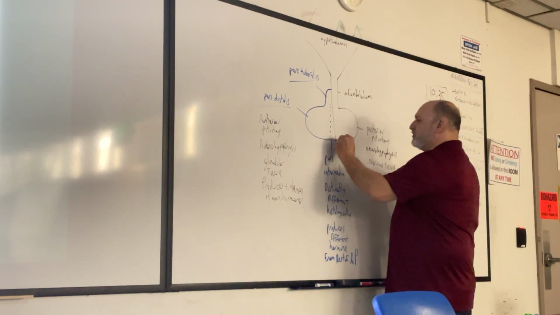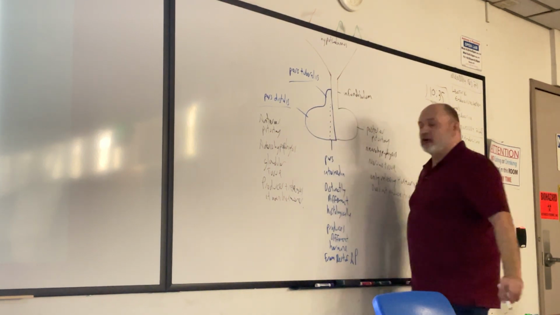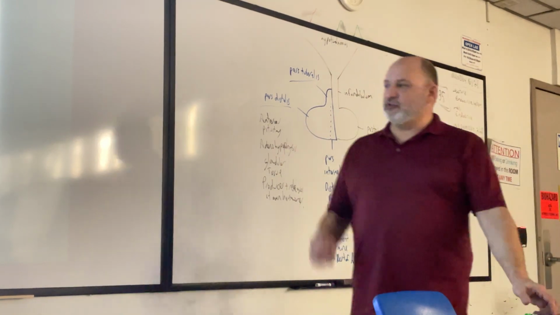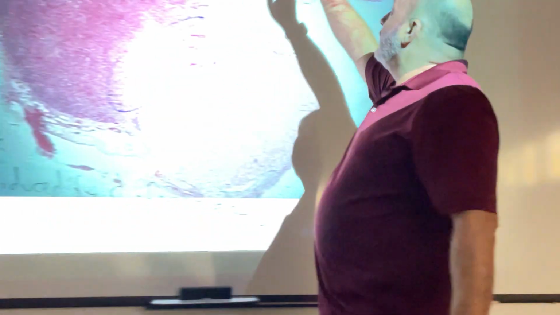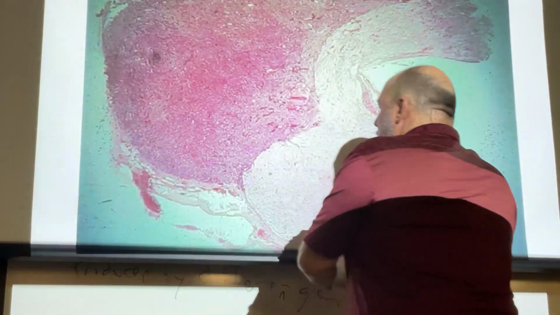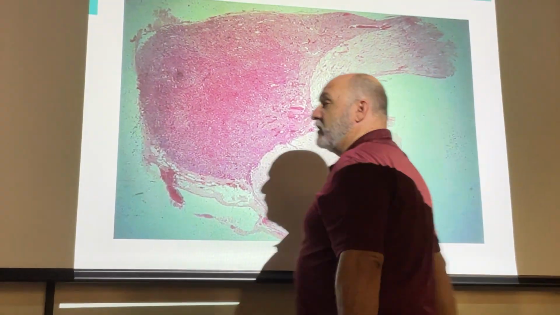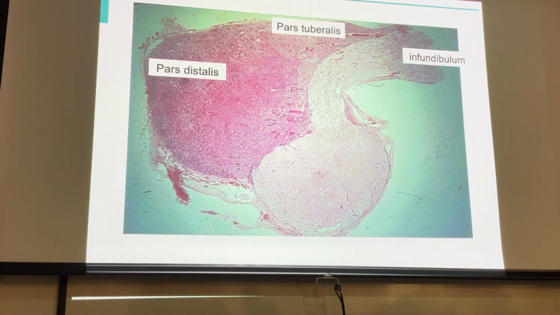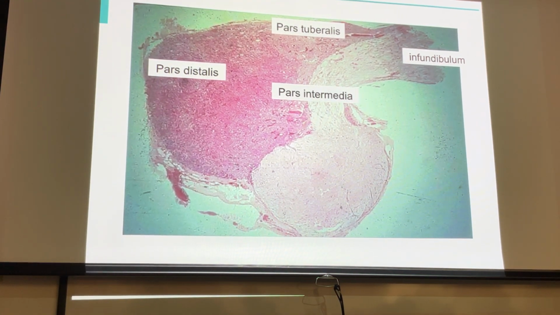It's still anterior pituitary, it's still glandular, but it is different from the rest of the anterior pituitary and produces a different hormone than the rest of the anterior pituitary. So there's the infundibulum, the pars tuberalis, pars distalis, pars intermedia.